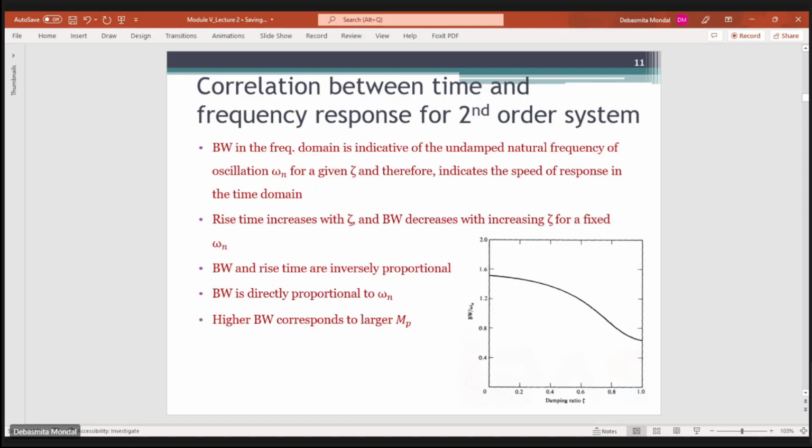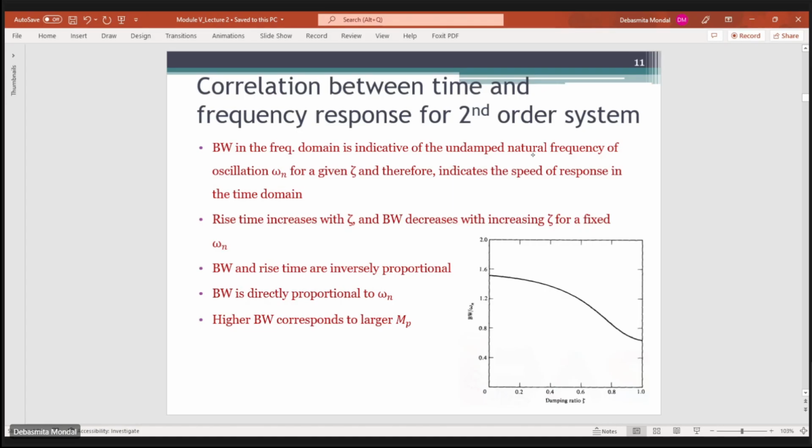And also from the bandwidth perspective, the bandwidth in the frequency domain is indicative of the undamped natural frequency of oscillation, ωn, for a given value of zeta. So we can say that the bandwidth indicates the speed of the response in the time domain for a given system. Since the rise time increases with the value of zeta, and the bandwidth decreases with increasing zeta for a particular value of ωn, there is a relationship between the rise time, that is the speed of the response, and the bandwidth.